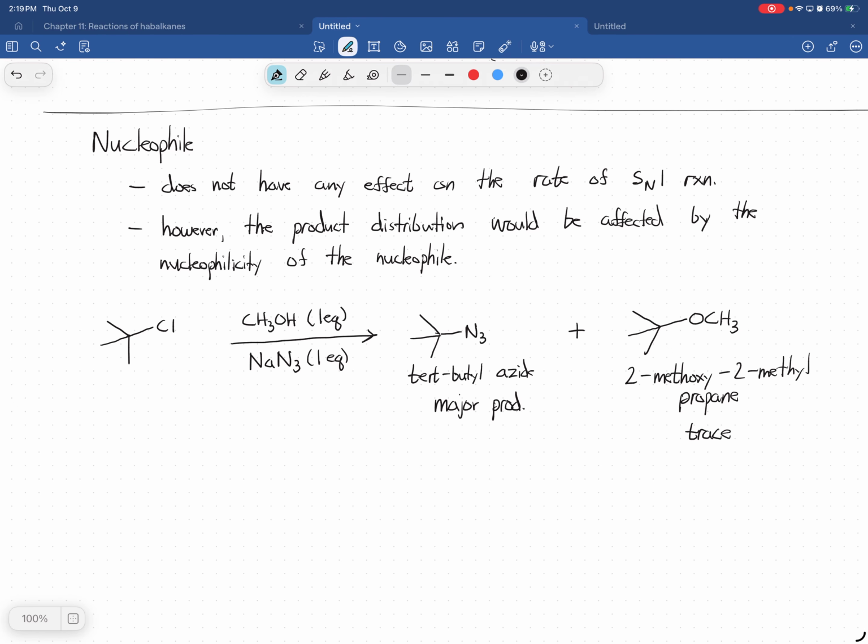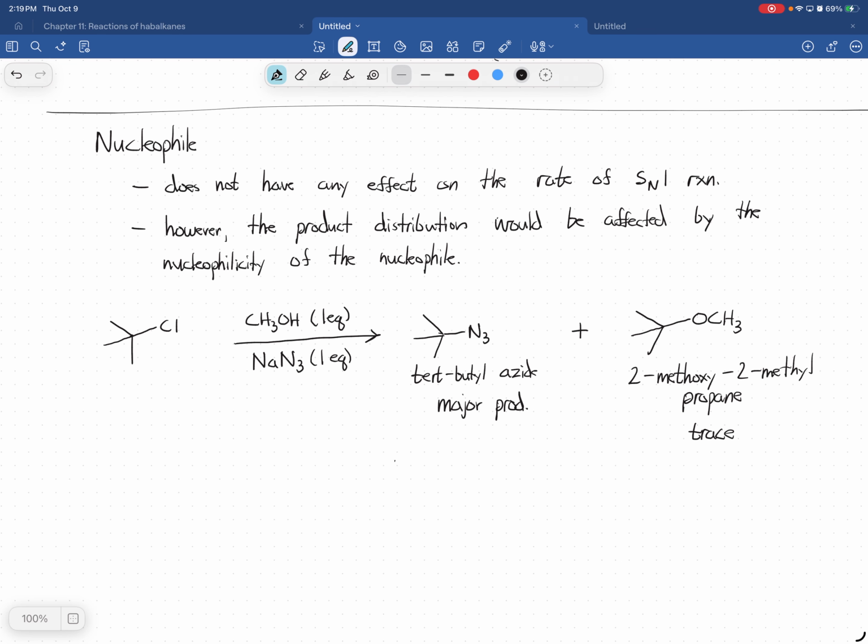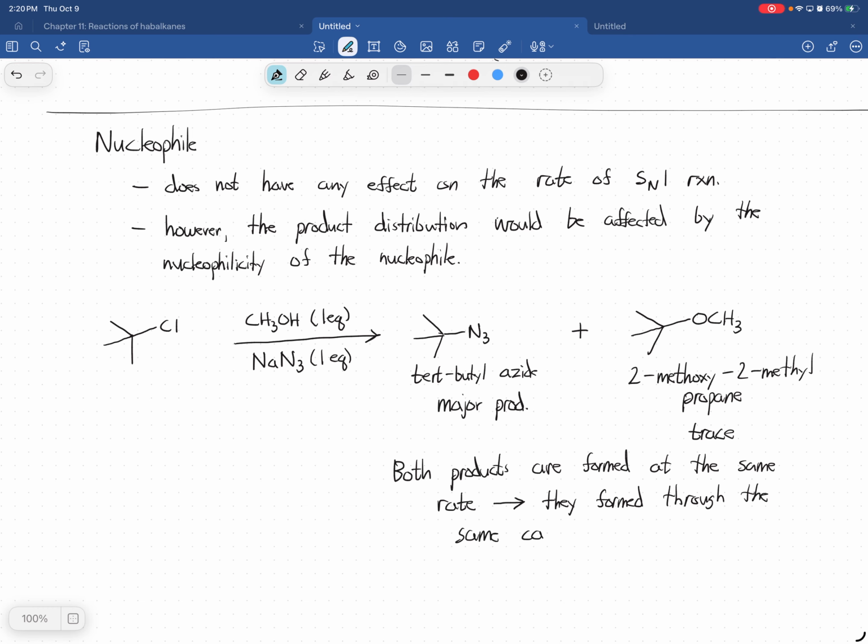But one thing I want to point out is that both products are formed at the same rate. The reason that's the case is because they form through the same carbocation intermediate.